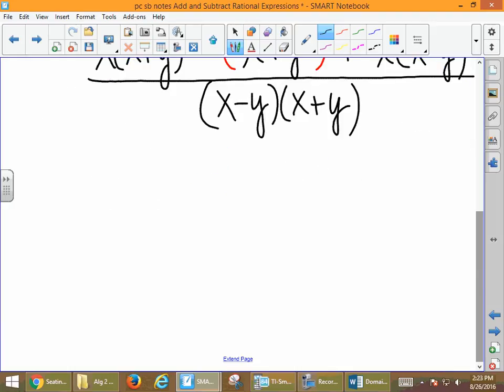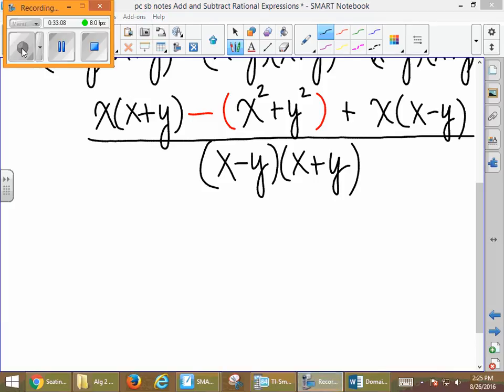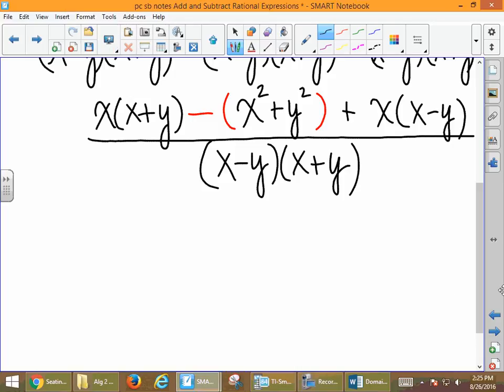So as we work this out here a little bit, we're going to distribute. So now we need to make sure to distribute this negative to both of these. But as we simplify, x times x is x squared. X times y is xy.